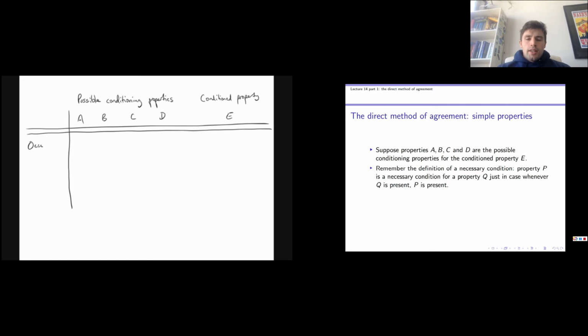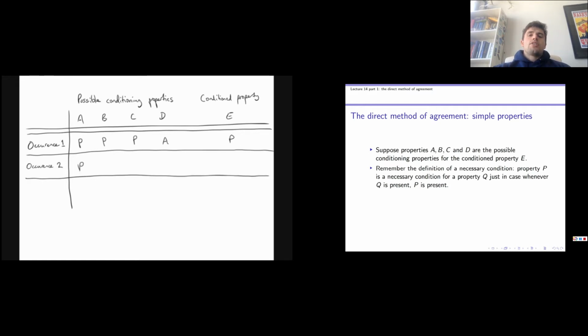Here the series of observations is recorded as occurrence 1, and in occurrence 1, A, B, C, and E are all present, while D is absent. And suppose further that we record a second occurrence, occurrence 2, in which A, C, D, and E are present, but this time B is absent.